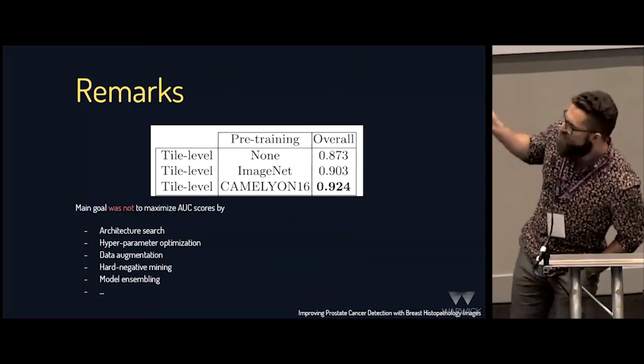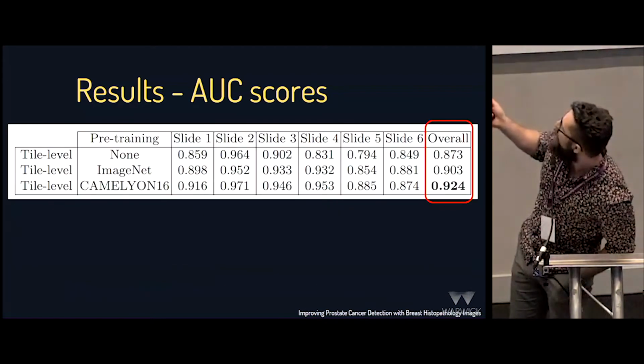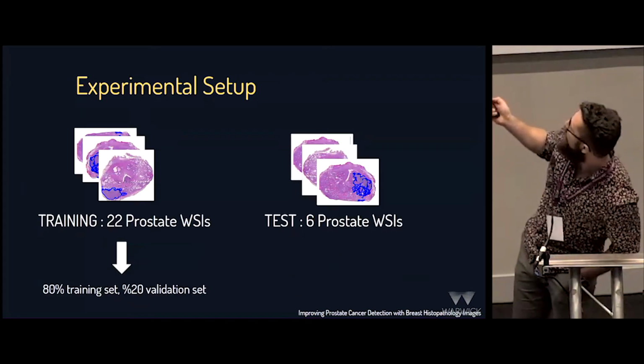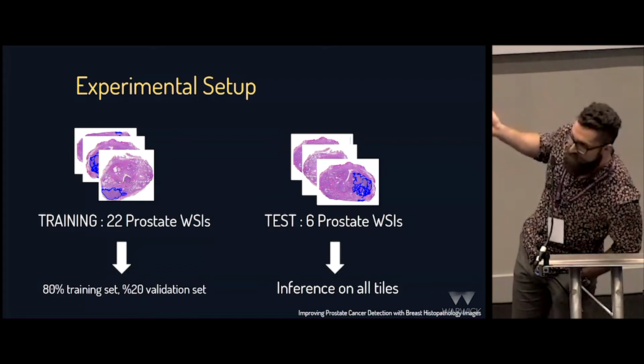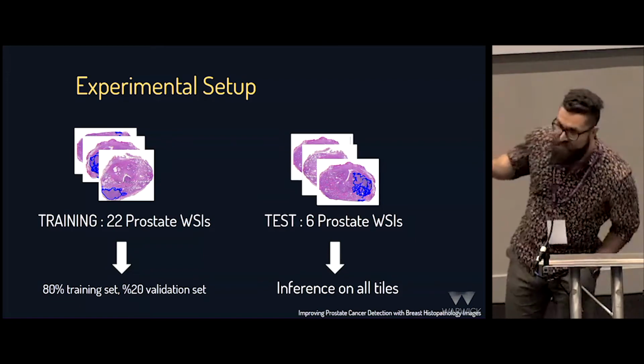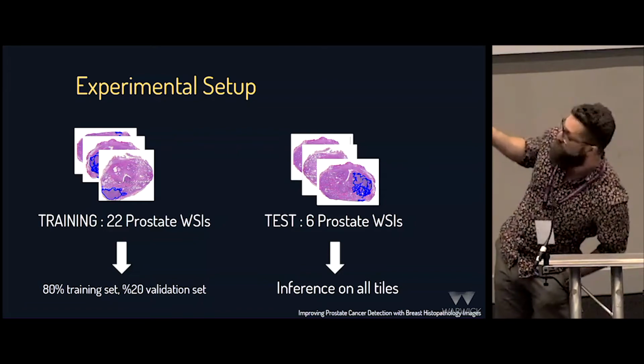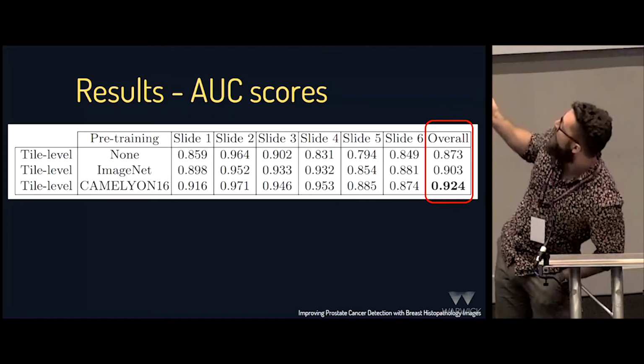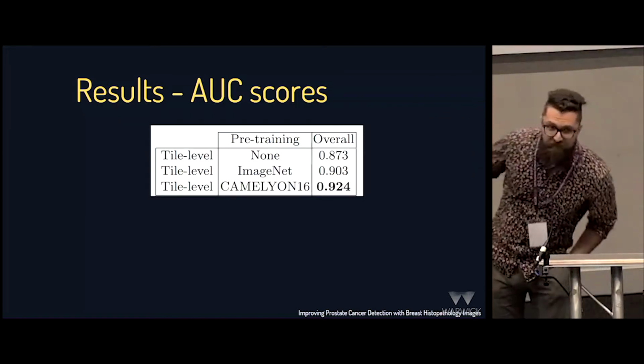Thank you. Let's start with the first question. So these results are the results of millions of tiles coming out of these 6 test sets. So this number 6 is small indeed, but these are tile-wise results.